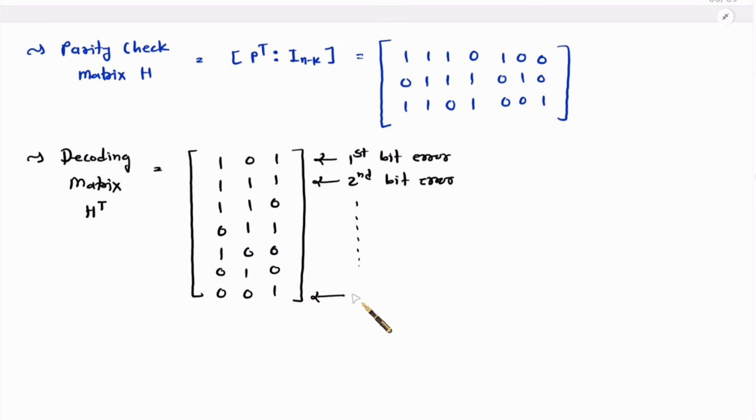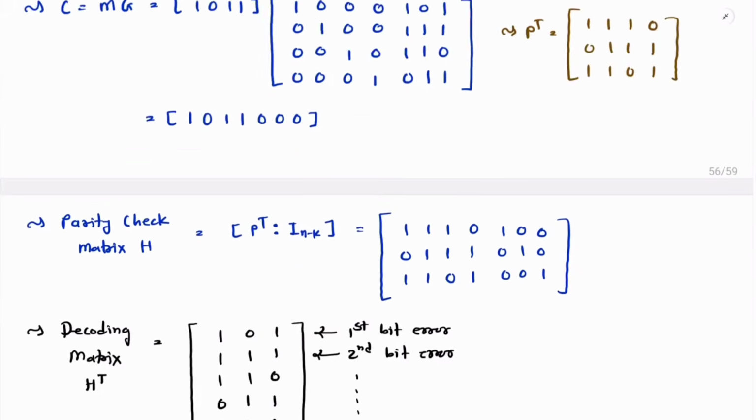So this seventh row that explains seventh bit error. And if you have 0 0 0, then one can say no error is there. So here we need to understand syndrome. If you have syndrome, that is first row, which is 1 0 1, then one can say first bit error is there. If you have syndrome, that is 0 0 0, then one can say there is no error in received data, right?